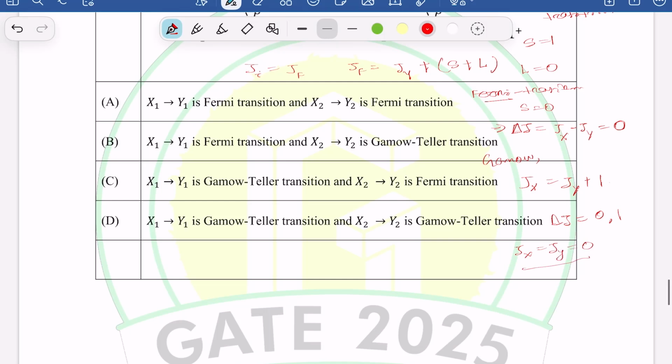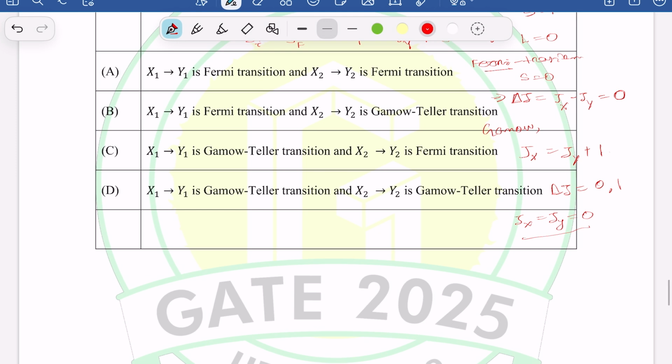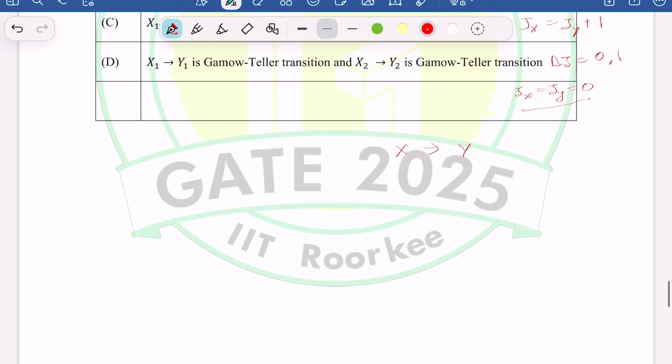So we conclude that if a transition is allowed, x going to y through a negative beta decay, and if J x is equal to J y is equal to 0, then we will imply that this is a Fermi transition.